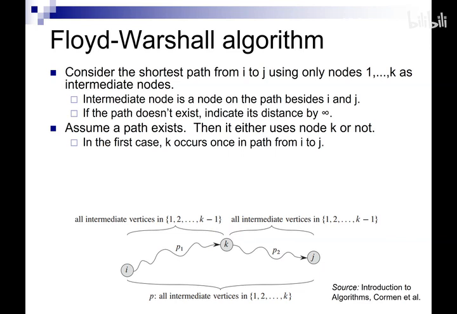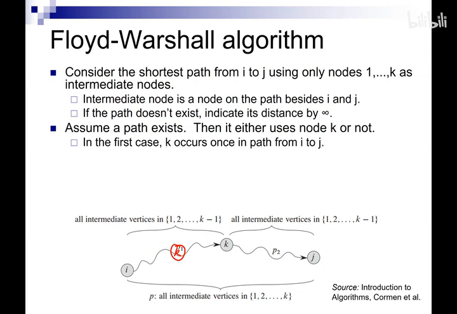Remember that you're only allowed to use nodes 1 up to K. Here we're going from I to K, and the claim is that these intermediate nodes have to be between 1 to K minus 1, and this means that in particular, it's not possible to have another copy of K in here. This cannot happen.